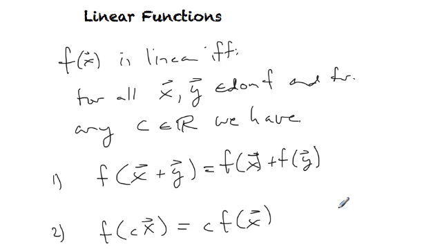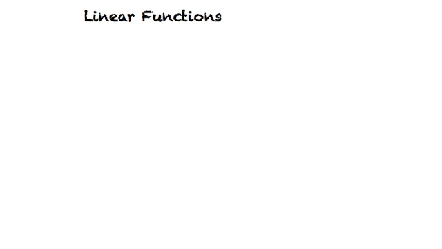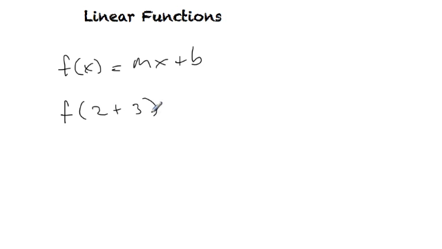So let's take a couple quick examples and make sure that makes sense. Let's say that f of x is equal to mx plus b. According to this, if I have f of 2 plus 3, that should be the same as f of 2 plus f of 3.